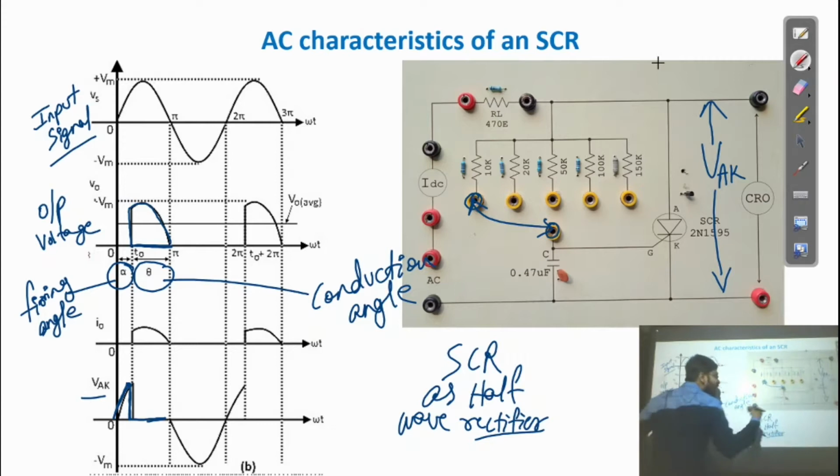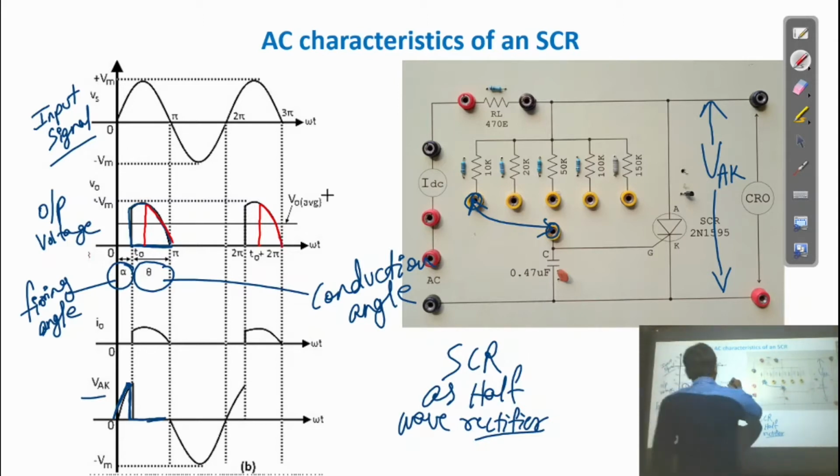Now, for another value of current, it may happen that you will have another firing angle over here, such like this. So actually you can control the firing of an SCR at different angles. With respect to that, at the output we will get the DC with respect to our corresponding firing angle, our required fire period, right?